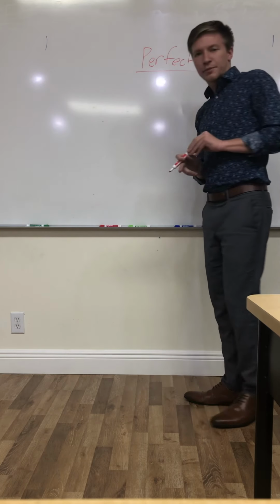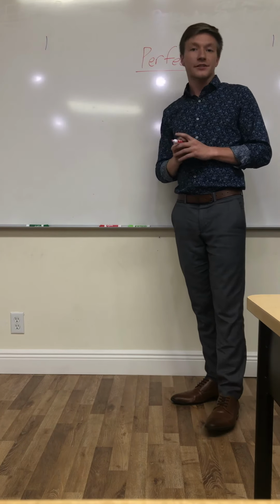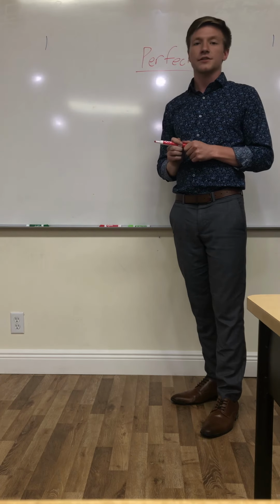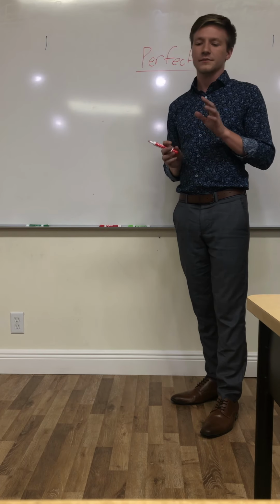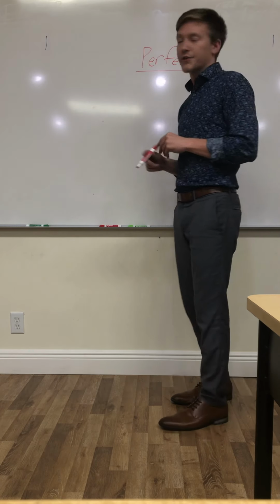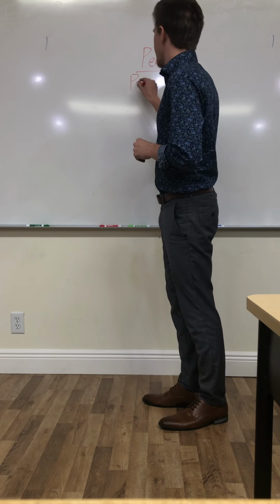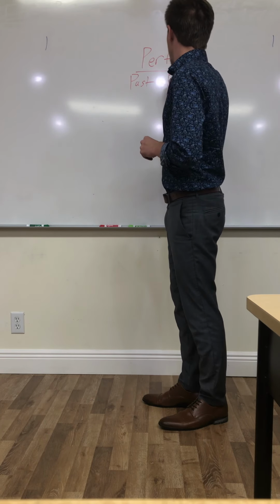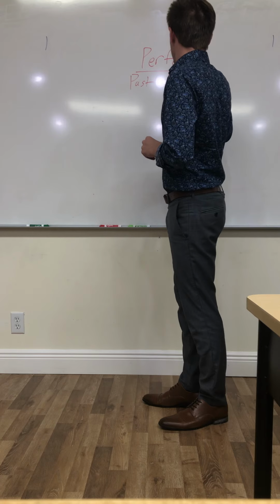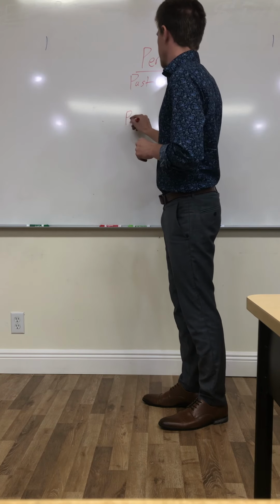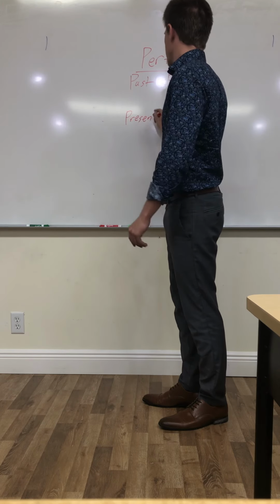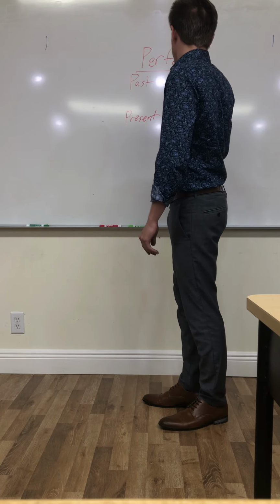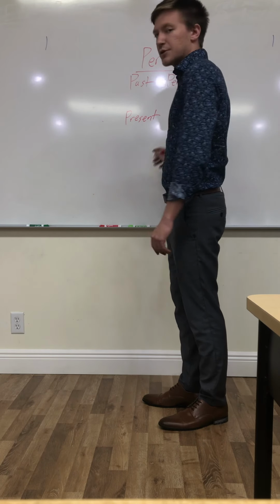But when we have perfect tense, we're going to have the same basic structure, but we're going to refer to these three verb types in three different ways. So we're going to have past perfect, present perfect, and future perfect.